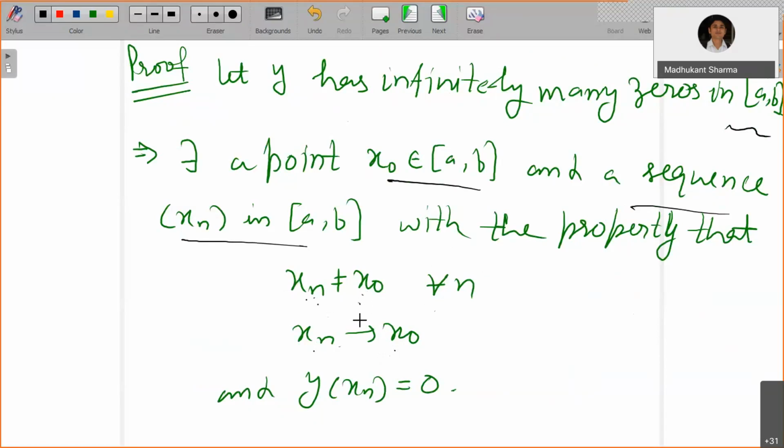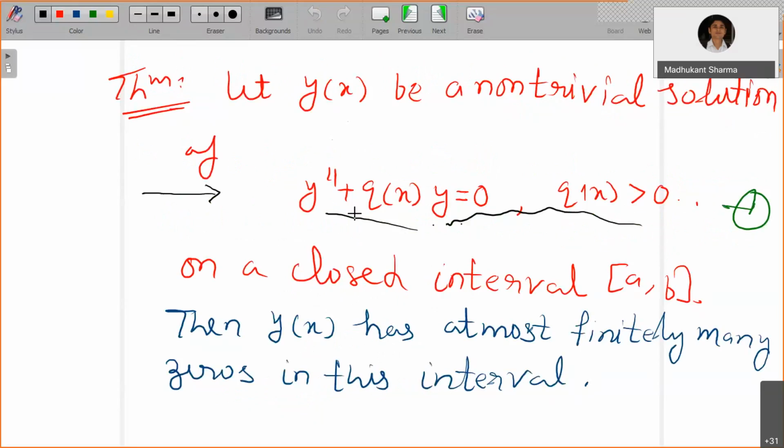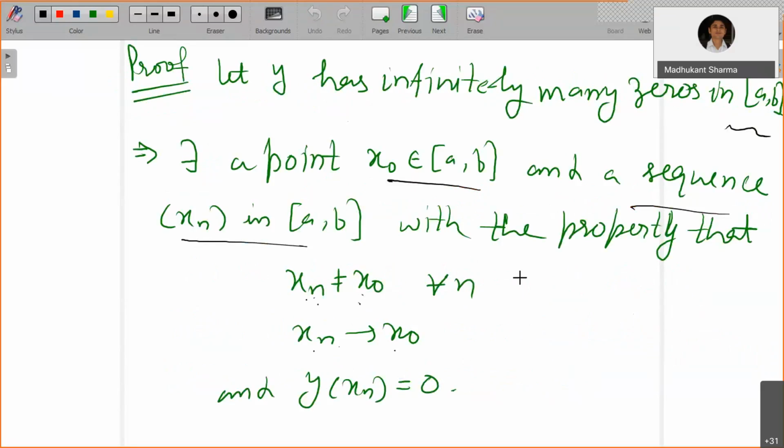So what does it imply now? y is a non-trivial solution, meaning y and its derivative exist, so the function y is continuous. Since xn converges to x0, y at xn will also converge to y at x0.